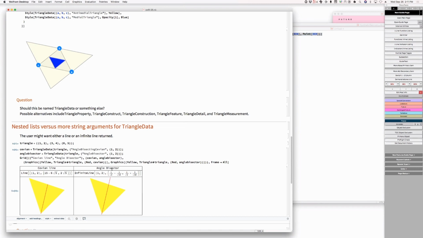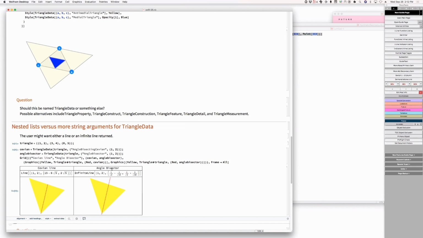There's a question of, for instance, for a Cevian, for an angle bisector, if you wanted the infinite line versus the line segment, should there be just two different string heads, like angle bisector and angle bisecting Cevian like we had?